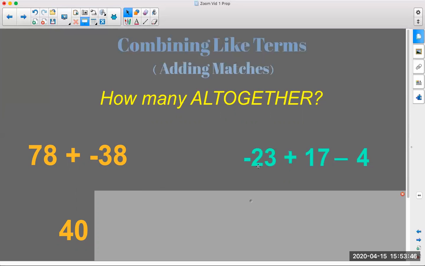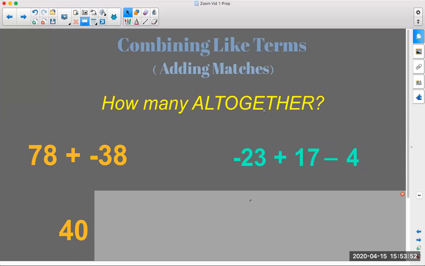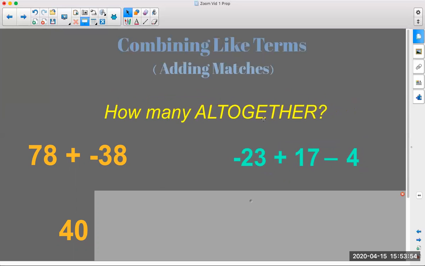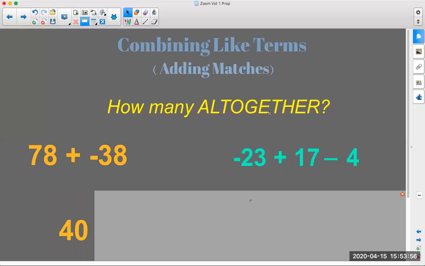All right, let's take a look at this tealish, greenish, bluish question here. We're trying to answer how many all together. So here we have 3 terms. We can just take it piece by piece. We can only take care of 2 at a time.